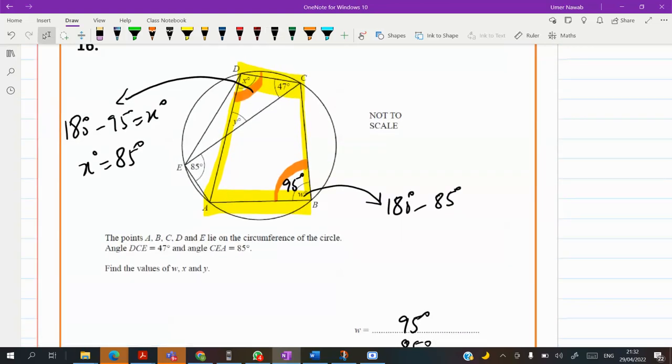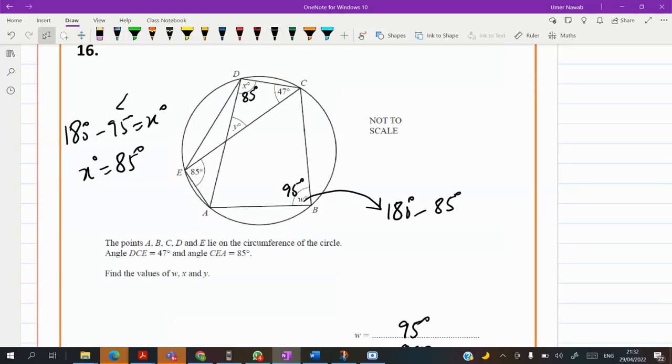So two times I have used the cyclic quadrilateral, because we can see the two cyclic quadrilaterals forming over here. So this is 85 now. Anything which is left? Y. Now, guys, if you know the two angles in a triangle, you can find the third one.